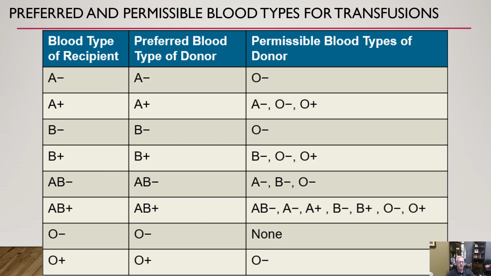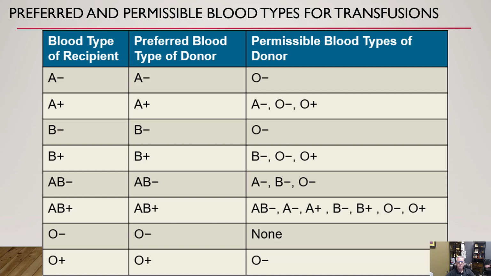Now, we already know that a person with type A blood can donate to a person with type A or type AB blood. And we already know that a person with type AB blood can receive blood from all blood types. But now we have to look at the pluses and the minuses.